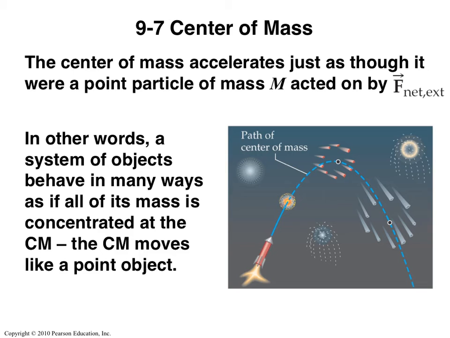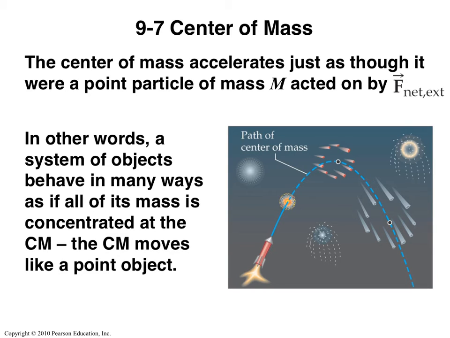But what you can note is that when it is shot out before it explodes, it is one body, a tight ball of gunpowder and all kinds of chemicals and whatnot. And it is launched upwards.